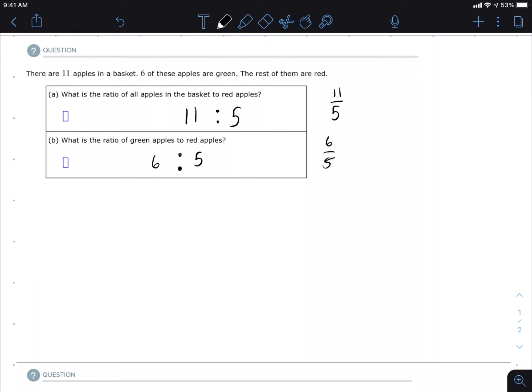And we notice that these are improper. You're not going to want to change these to mixed numbers. If I had gone red apples to all apples, all it would do would be flipping the fraction. Does that make sense to everybody? Yes.